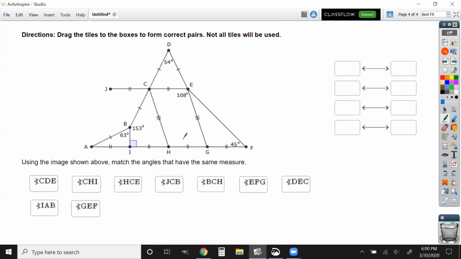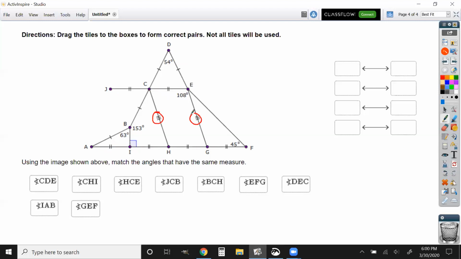Now, I will tell you that this marking and this marking mean that this side and this side are equal in measure. If I have this mark and this mark, see the doubles? Those are equal. In fact, this side is also equal to this one, and this one, and this one. Anything with the 2 marks are equal.